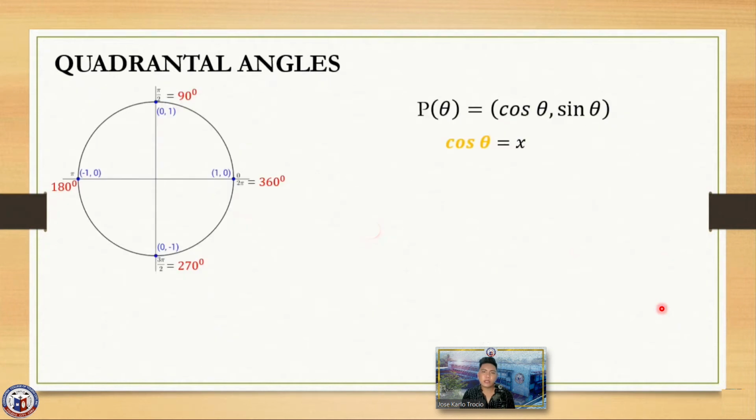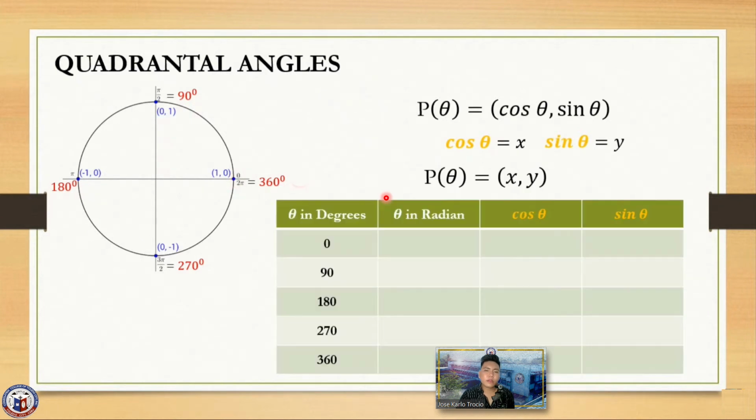Example: remember, cosine theta is x, sine theta is y. Look here, x over y. 0 is here, 0 degrees. If you multiply it by pi over 180, then 90 times pi over 180 is pi half.